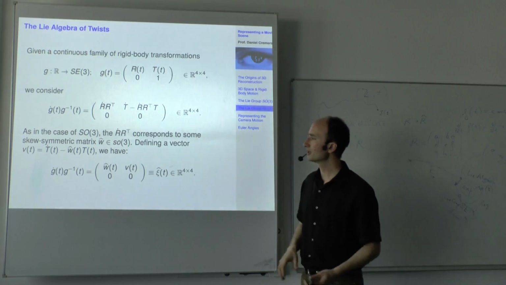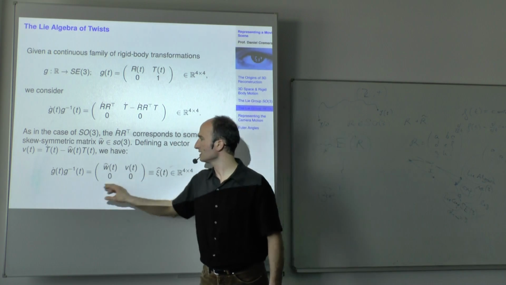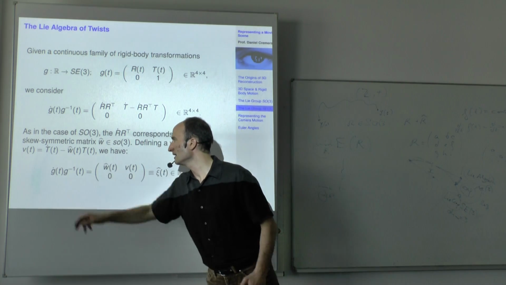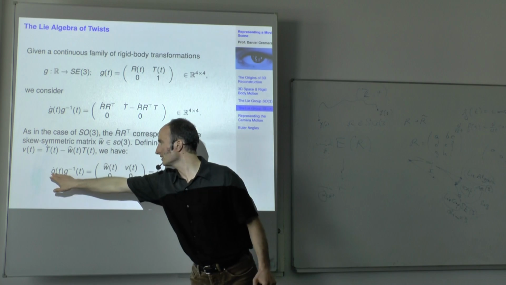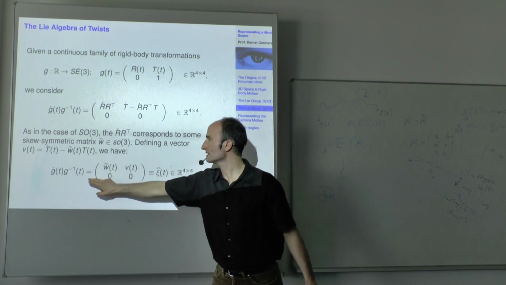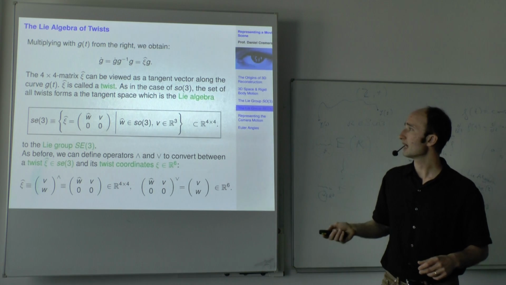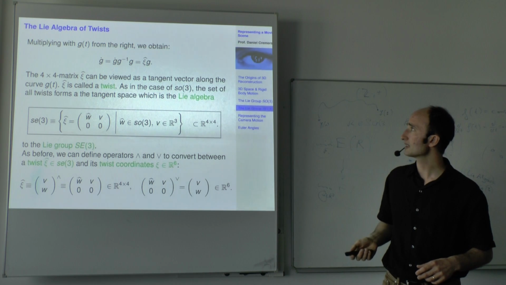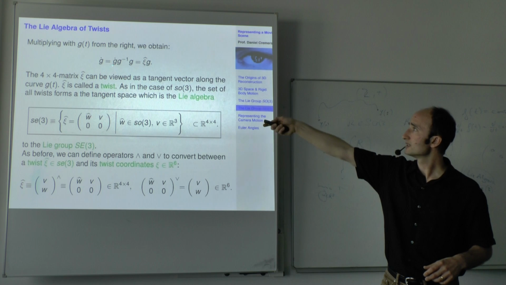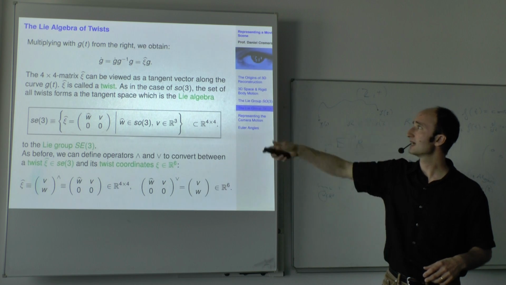Why is that useful? Because you see again, if we take g to the minus 1 to the other side, then we see that g dot is equal to that matrix times g. So this is what we have, I guess, on the next slide. Now here, g dot is psi hat times g.